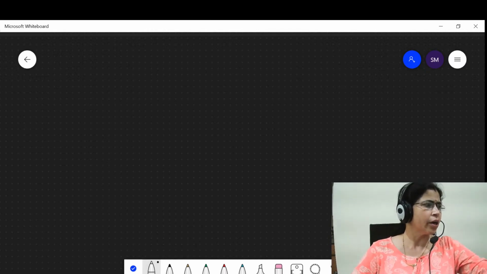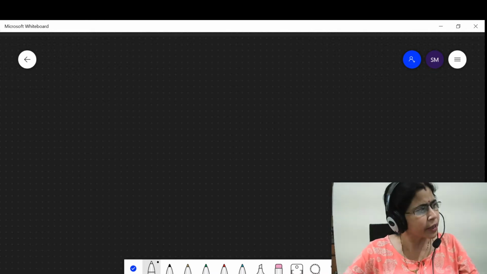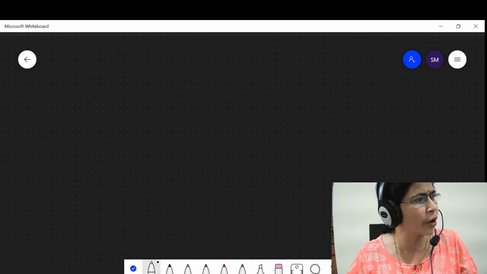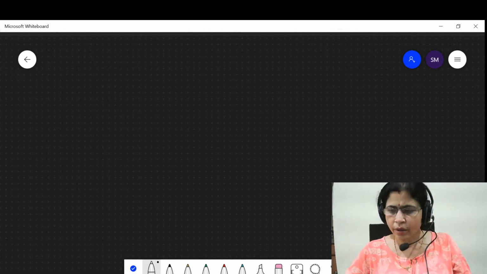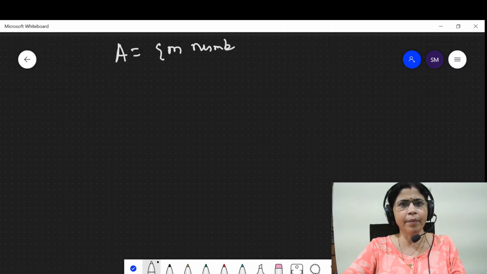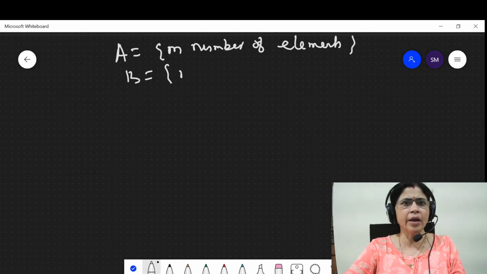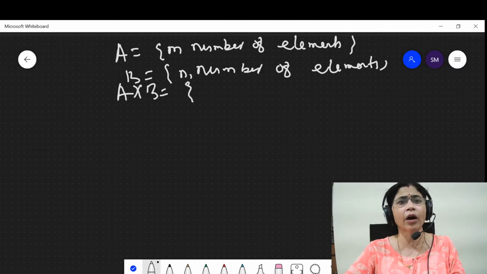Now here it says, suppose A and B are two non-empty finite sets, and if A has M number of elements and B has N number of elements, then how many elements does A cross B contain?